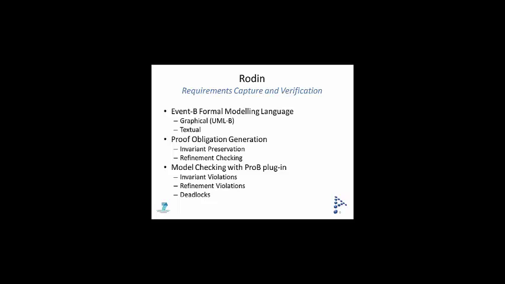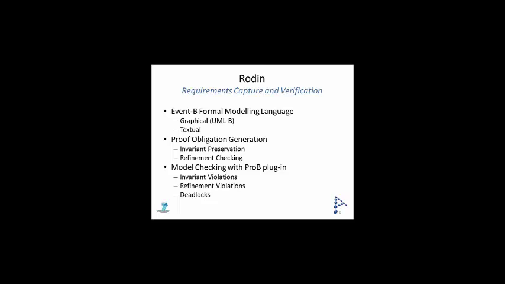It has a textual input. It also has a graphical input. So if designers like writing UML, we have a formal way of bringing in UML state machines into the system so that designers don't necessarily need to operate at the textual level. I'll show you some text later on, and I don't think it's that difficult, and you probably don't need a PhD to write it.